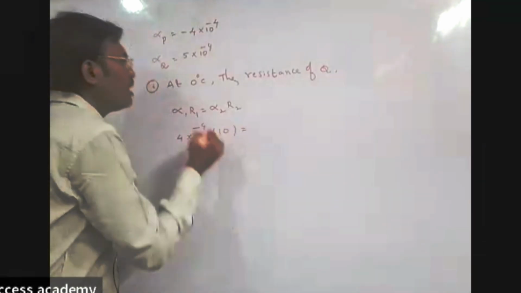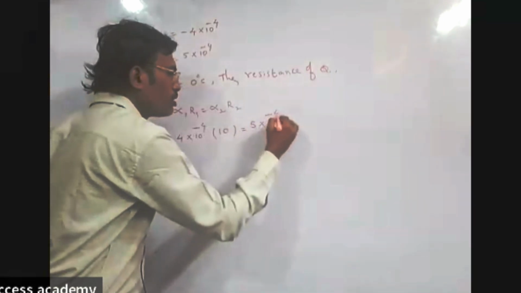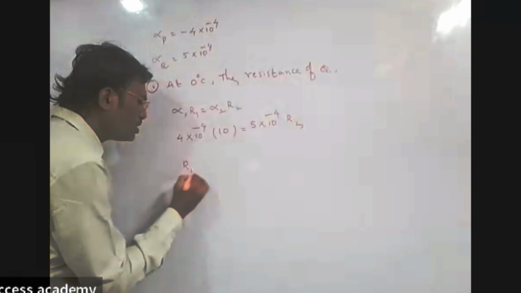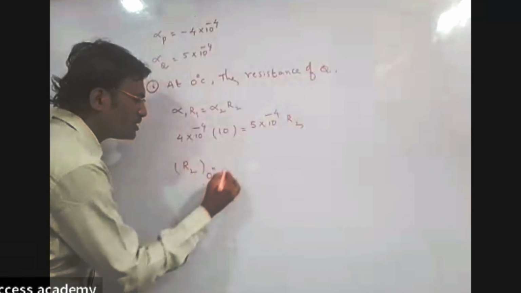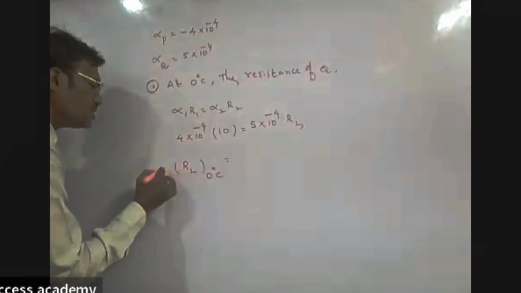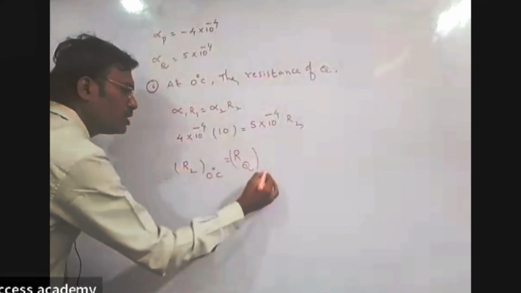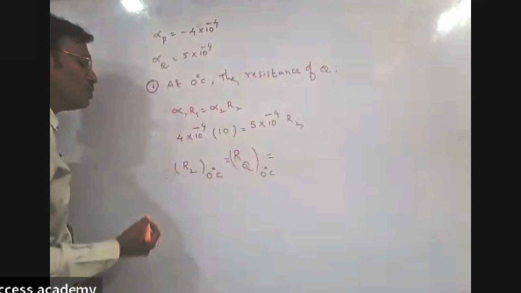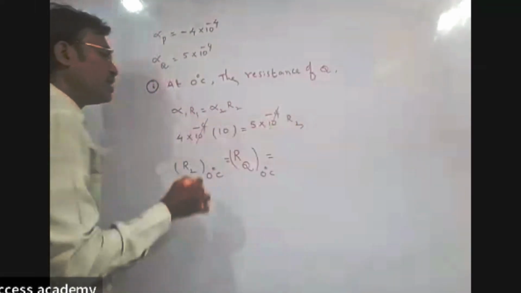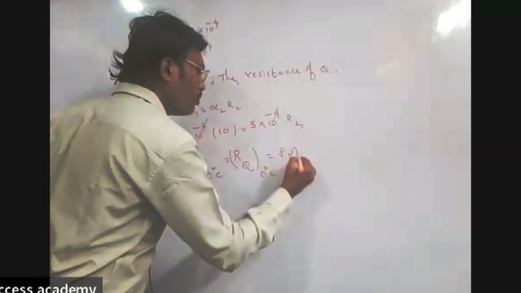Is equal to alpha 2, which is 5 into 10 power minus 4, R2. So now R2 is nothing but RQ, the resistance of Q at 0 degrees Celsius, is equal to what's the value? 10 power minus 4, 10 power minus 4 get cancelled. 4 tens are 40, 5 eights are 8 ohm.